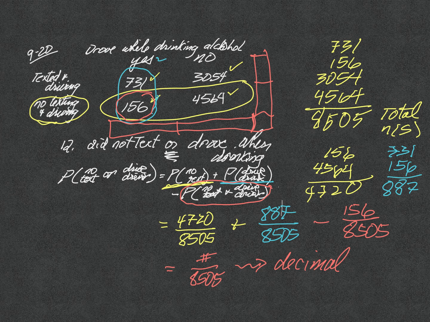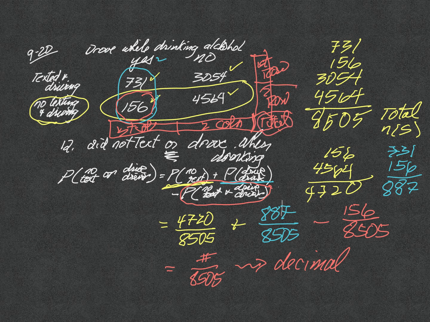This would be the total of the first row right here, and then the second row. And you'll note this is the first column and the second column. And then this would be the total of everything. All right. And now notice the total of everything, this would be 8,505.